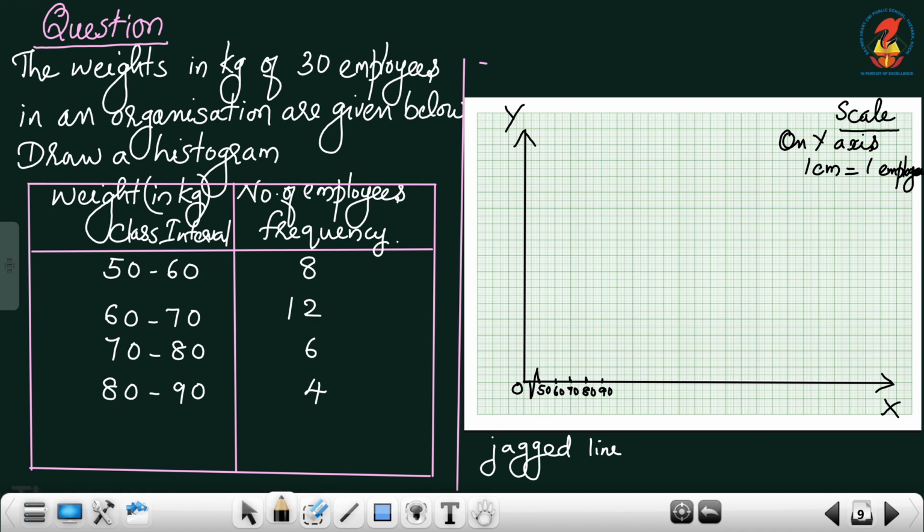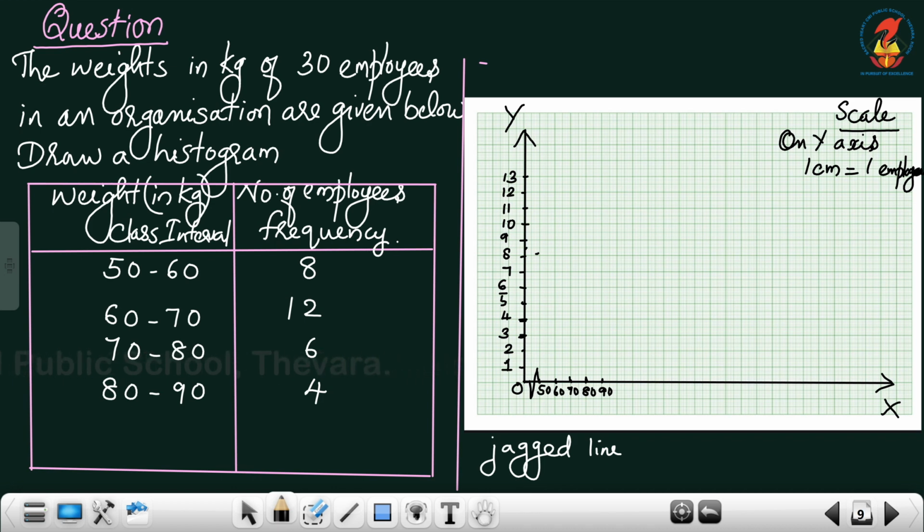Then here 1 centimeter equals 1 employee, so we can mark it as 1, then 2, 3, 4, 5, 6, 7, 8, 9, 10, 11, 12, 13.